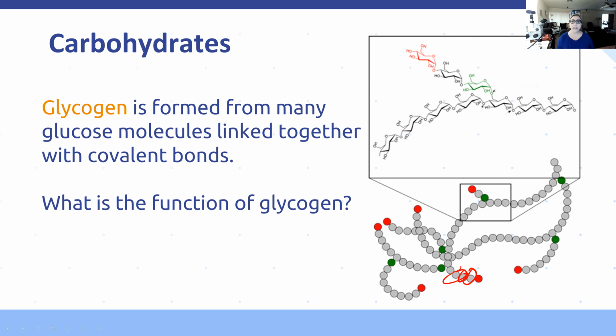Now, the function of glycogen is energy storage in animals. I'm going to type that out for you here. Energy storage in animals. In my next slide, I'm going to show you what that looks like.